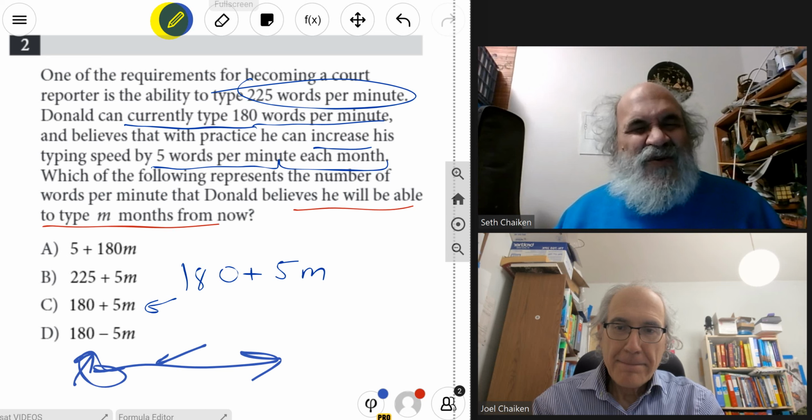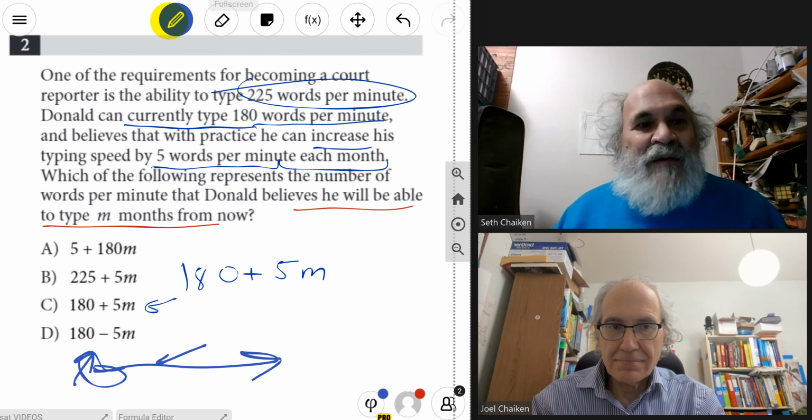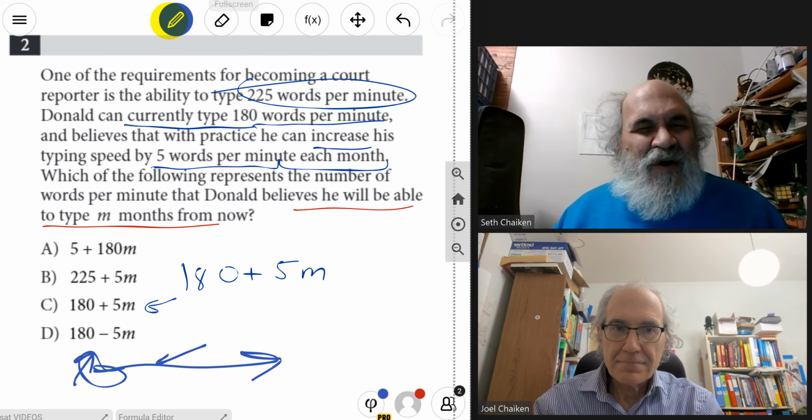This is a unit conflict. 5 has units words per minute per month. 180 is words per minute. M is months. So 180M is a total number of words.